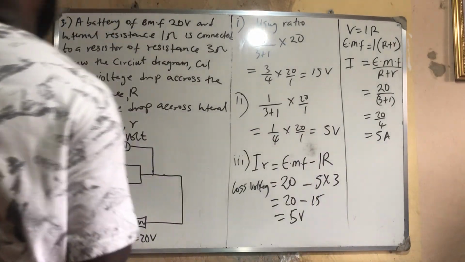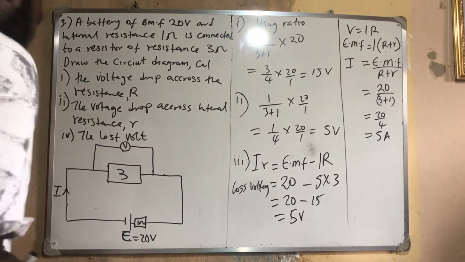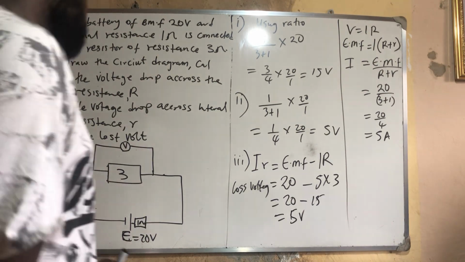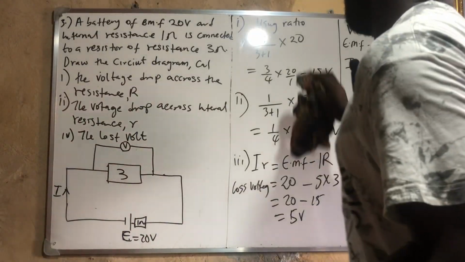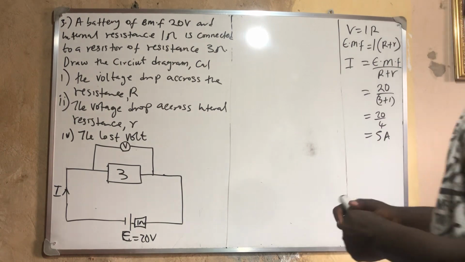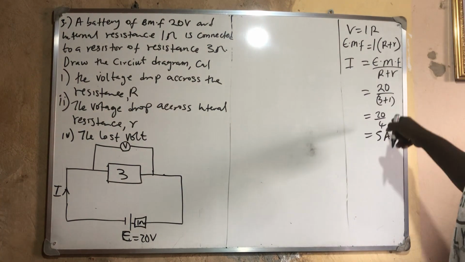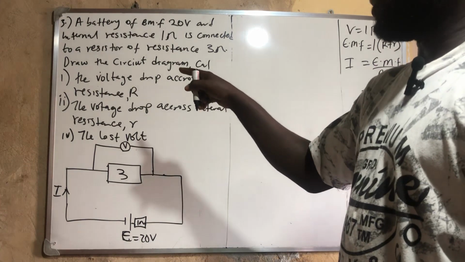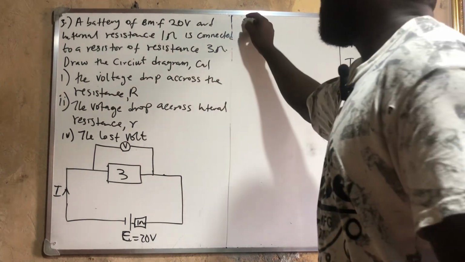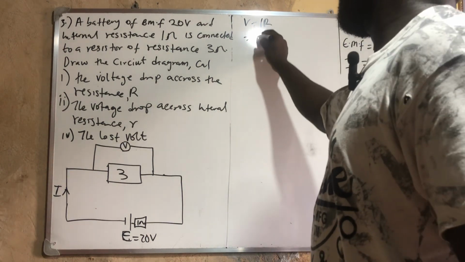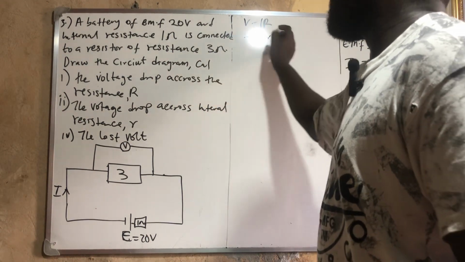So like I said before, you can calculate it without using ratio. The first thing you get is your current. I've gotten my current now. They say we should calculate the voltage in our R. So we tell them that V is equal to IR, which is 5 times the R there, 3.